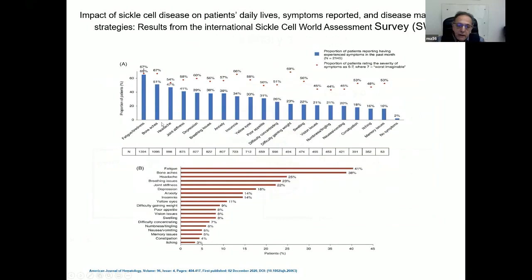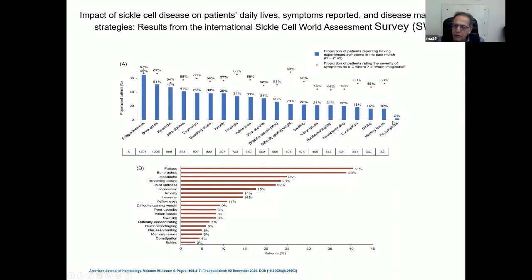We have learned that patients experience a significant number of symptoms. These are the patients who were surveyed, and they had fatigue, bone aches, headaches, joint stiffness, depression, breathing issues, anxiety, insomnia, yellow eyes, poor appetite, difficulty concentrating, difficulty gaining weight, vision issues, constipation, itching, memory issues.